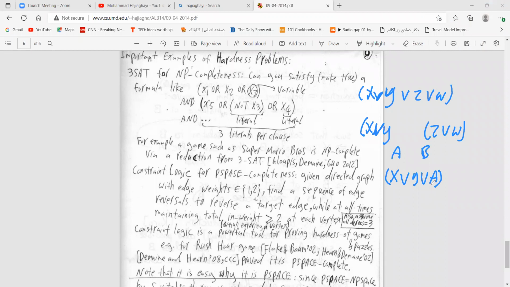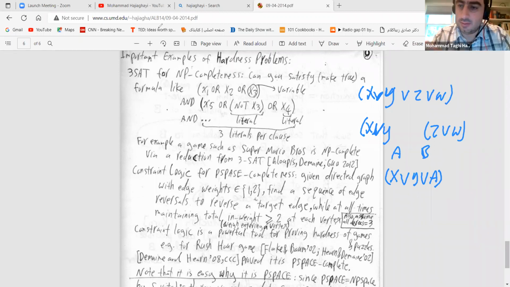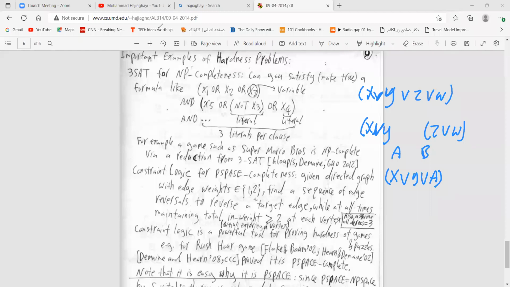Then C, A bar, then B. It becomes too complicated.